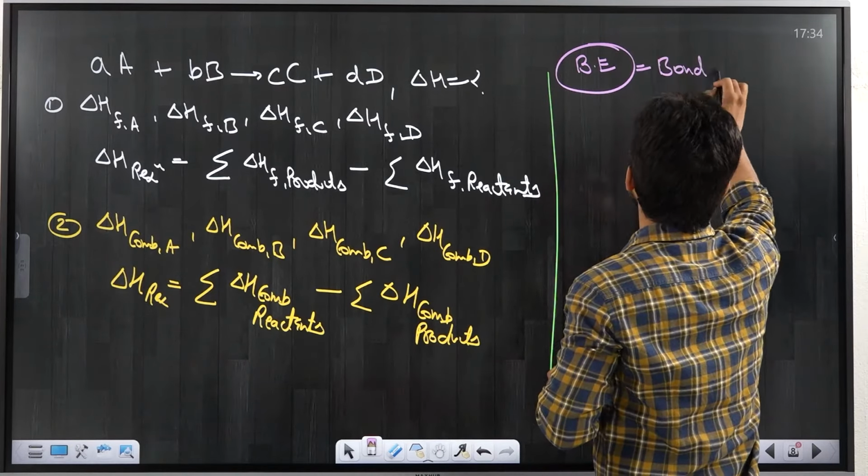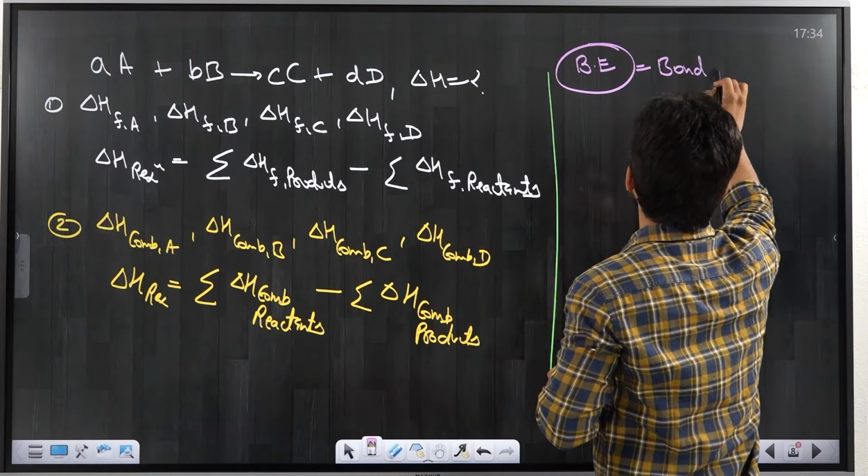So how can you find delta H of this reaction? Third shortcut formula: you can apply summation of bond enthalpy of all those bonds which are present on the reactant side, minus the sum of all those bond enthalpies for all those bonds which are on the product side.